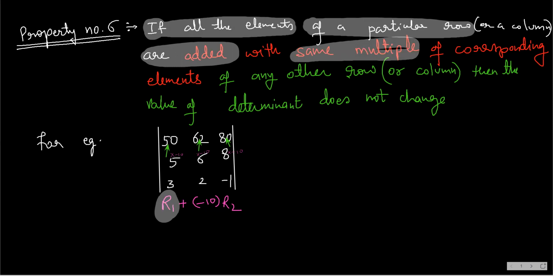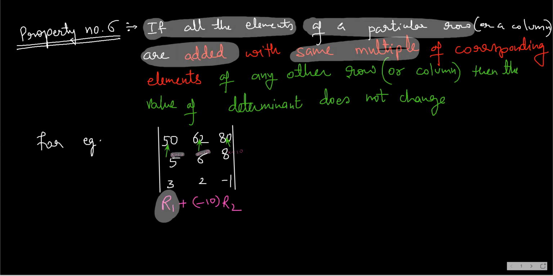What do I mean by same multiple? Because minus 10, minus 10, minus 10. Everywhere you are multiplying minus 10. So same multiple of corresponding elements. Why do we write corresponding elements?